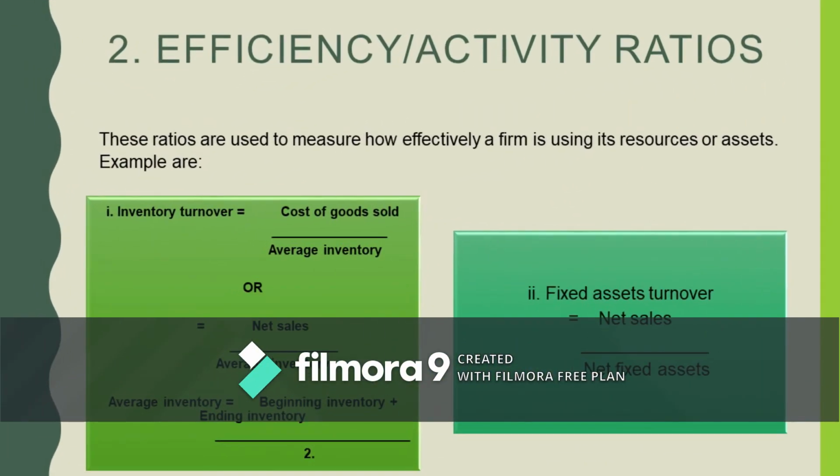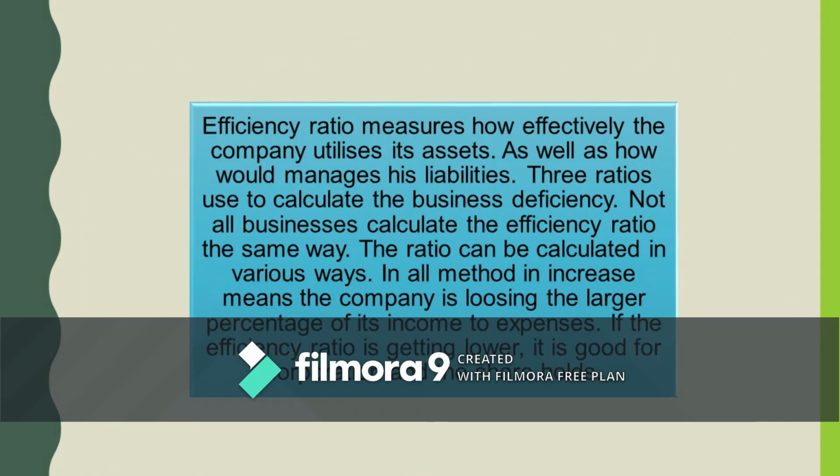Efficiency ratio measures how effectively the company utilizes its assets, as well as how it manages its liabilities. Three ratios are used to calculate the business efficiencies. Not all businesses calculate the efficiency ratio the same way.